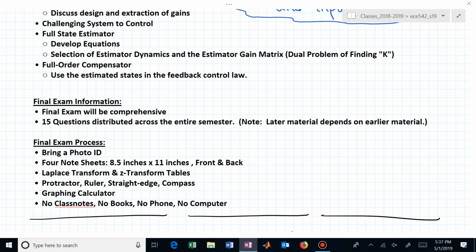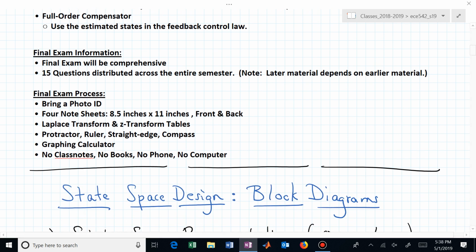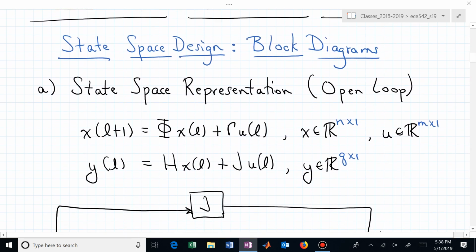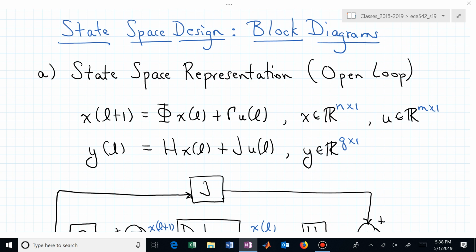And you can have a calculator, but that's plenty to try to keep track of. Those notes and equipment to draw with, something to write with, and a calculator. That should be consistent with what we've had all semester.